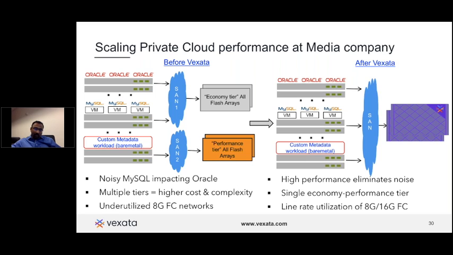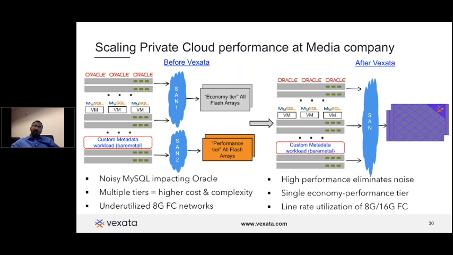So this customer is one of our biggest design wins to date. This is a media giant that really had two tiers of flash. They had one tier that was ultra high performance flash for custom metadata, and then they had a private cloud where essentially there's a lot of MySQL based content processing and Oracle databases all mixed up.